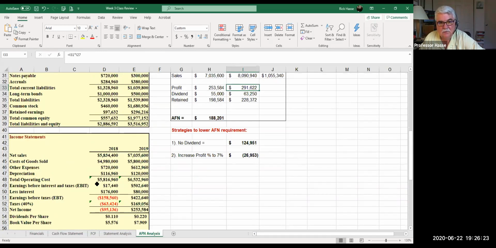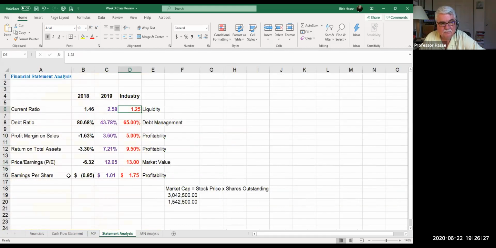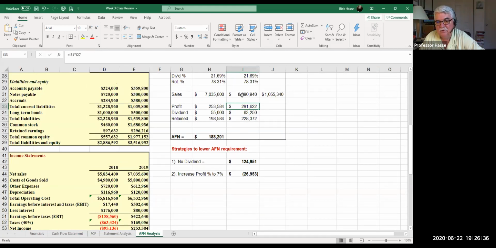Profit margin. Oh, it's right over here. 3.6%. If I maintain that 3.6% profit margin into the next year, I take 3.6% of my sales, I'm going to make $291,000. I'm going to increase my profits by about $40,000.